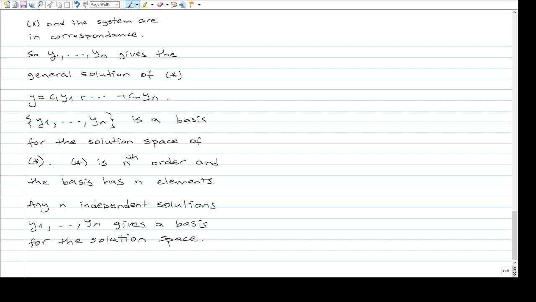Of course, we are going to get these functions from solutions of the system, but here I'm talking in general: for an nth order equation, n independent solutions give a basis.